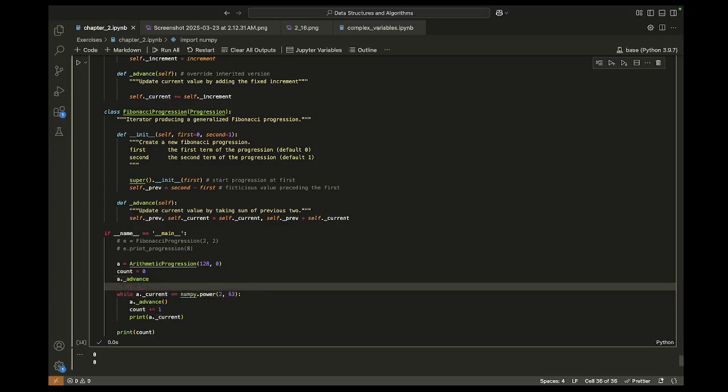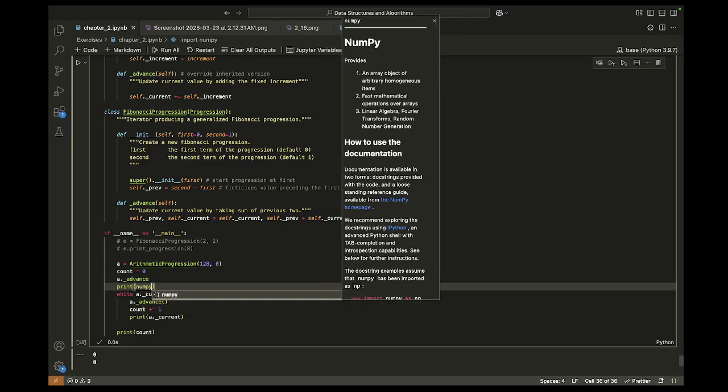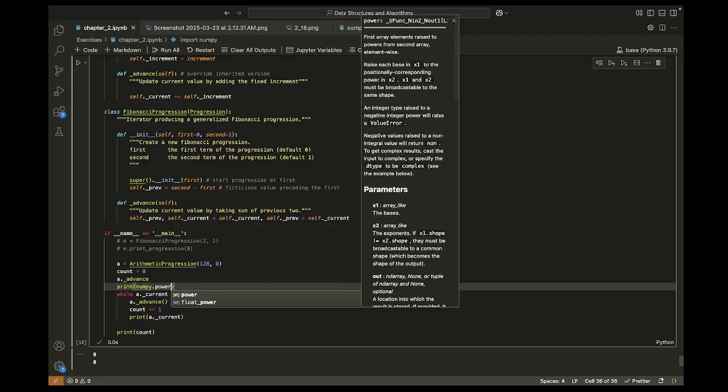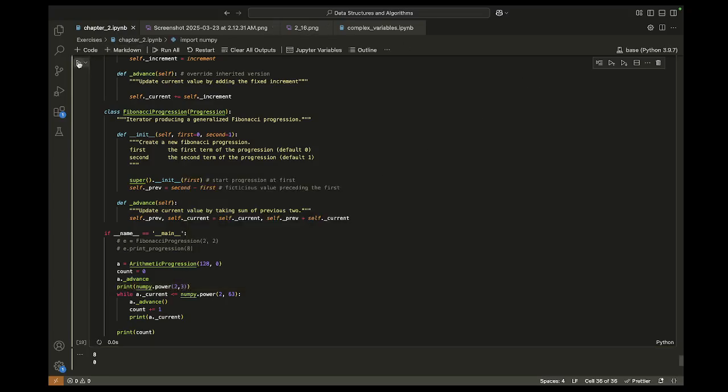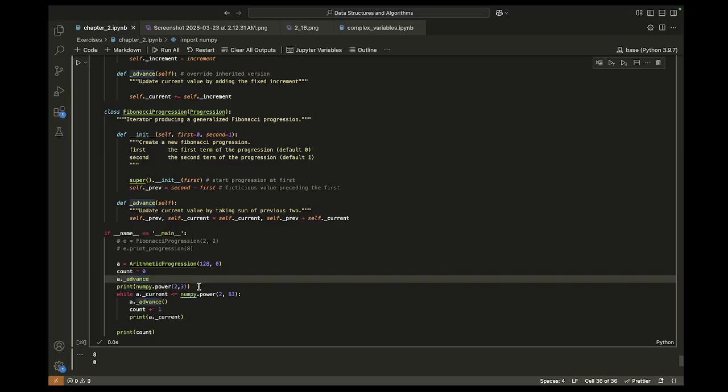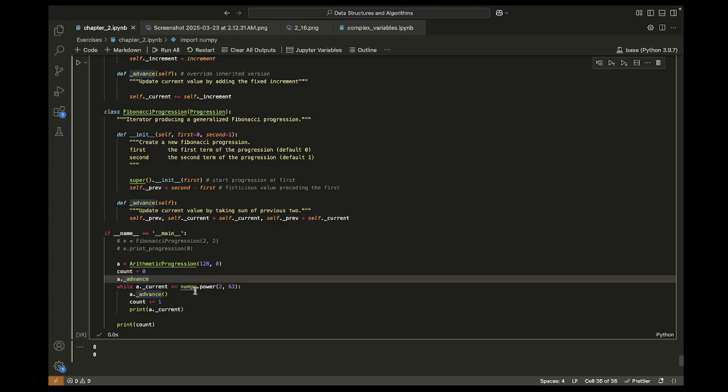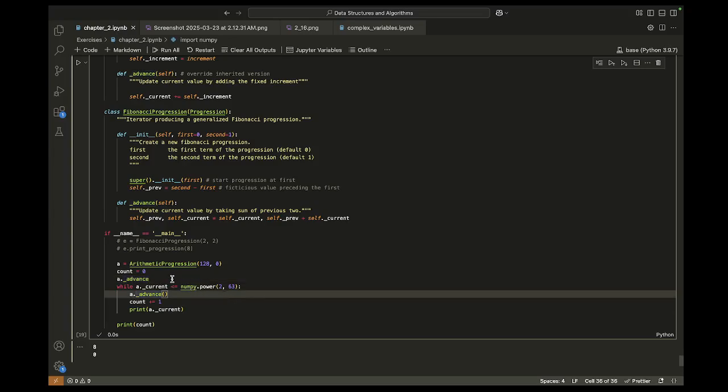I don't know if I'm even using the power thing right, so let me see. Okay, I'm using that right.